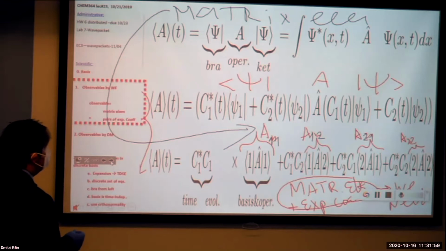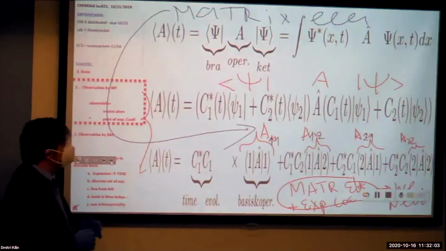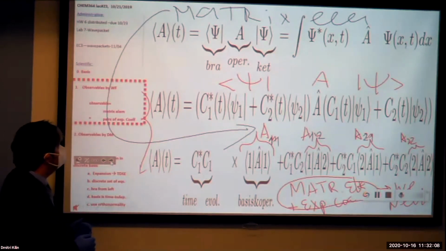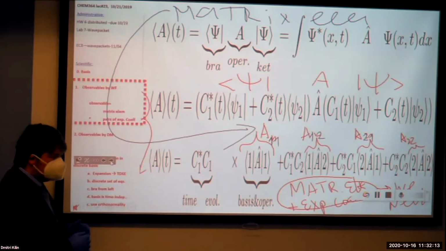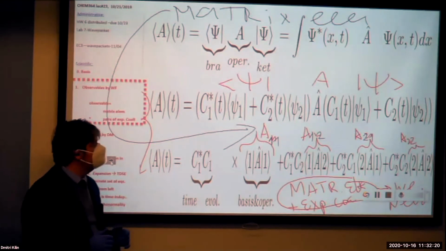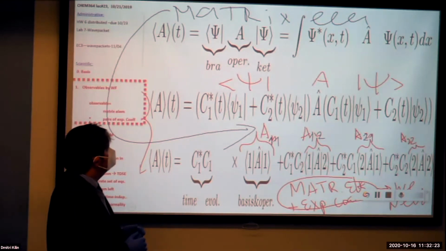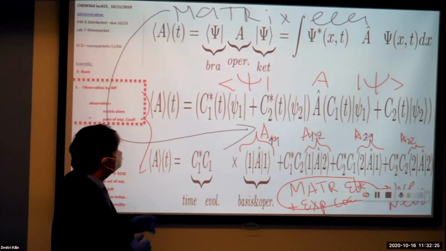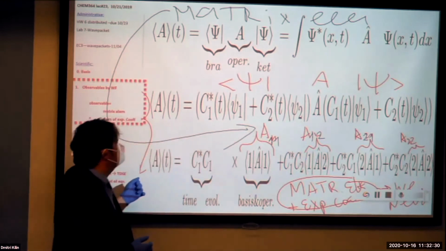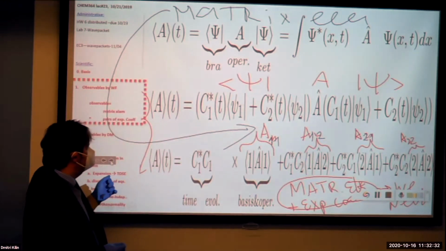So this is a little better calligraphy, but the same thing we already discussed. So the first line is the definition, how we find the result of measurement expected on average, the expectation value of measurement. The next line is how this equation is converted if our wave function is expressed in a discrete basis.